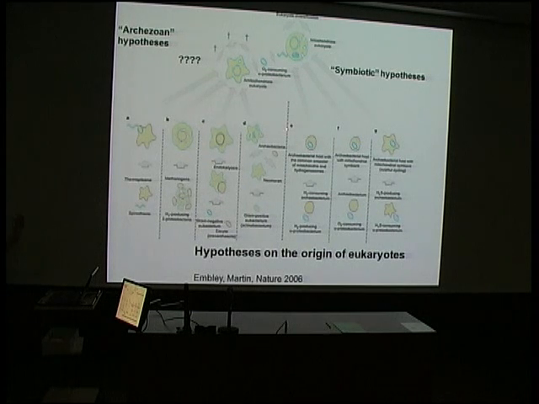And this review classifies all the scenarios of the origin of eukaryotes into the archezoan hypothesis that postulates the existence of a primary amitochondrial eukaryote, which was the host of the mitochondrial endosymbiont, but which we do not observe among any existing eukaryotes, and the symbiogenic hypothesis, according to which the symbiosis actually was a primary event, the trigger of the evolution of all the innovation, of all the complexity that emerged in the eukaryotic cells.